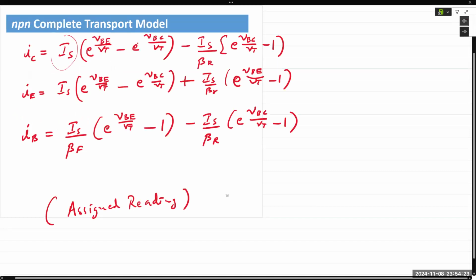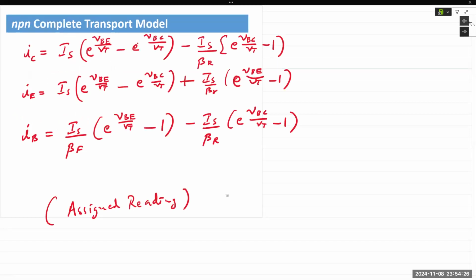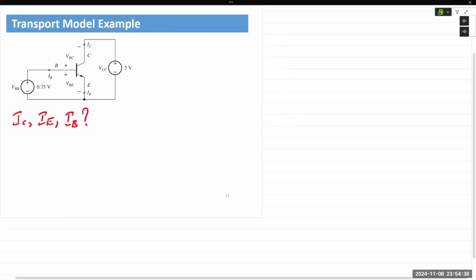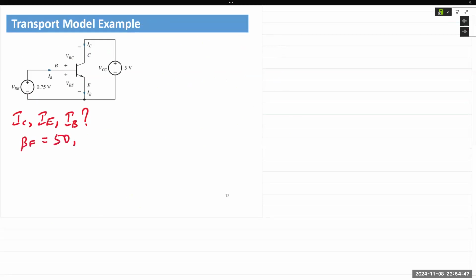We need IS, which is already given to us. We need voltages VBE, VT, VBC, and of course the betas. Beta F is given as 50. Beta R is given as 1. And IS, the saturation current, is given as 10 raised to minus 16 amps.